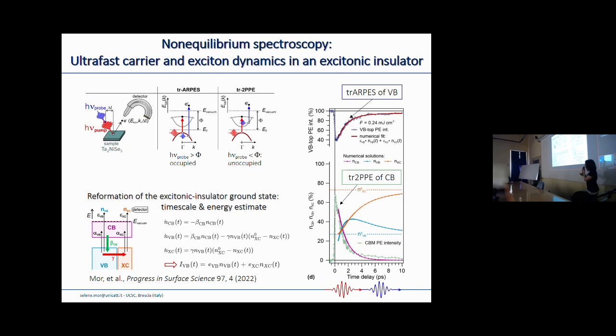And the interesting thing is that once you get these beta and gamma rates, by tuning the sample temperature and the fluence, we were also able to elaborate a bit more on those quantities, in terms of an estimate of the energy of this ground state reformation. So what's the energy and the kind of condition you need for such a process to occur?